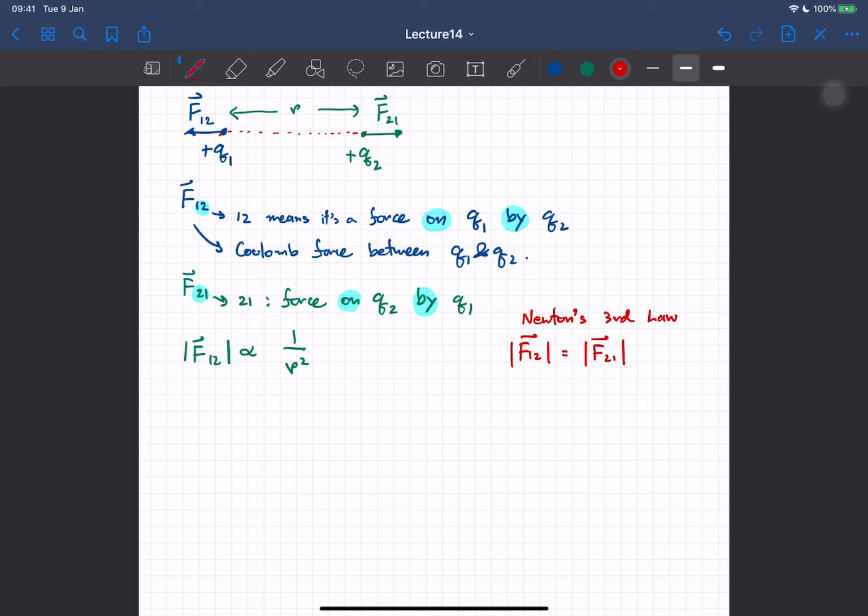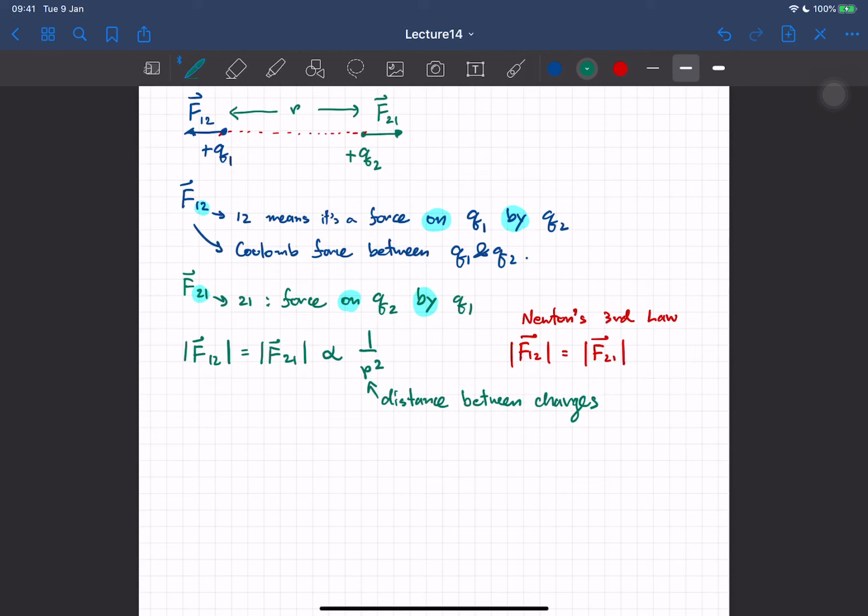So when you write down the force like this, F12 is proportional to 1 over r squared. You can also add F21, and all of them are proportional to 1 over r squared. Okay, so r again is the distance between charges.